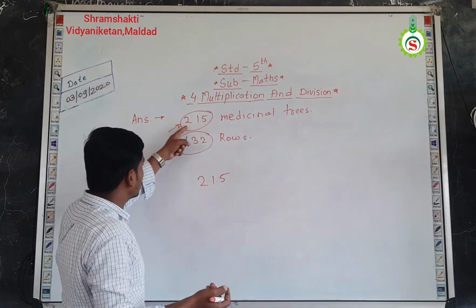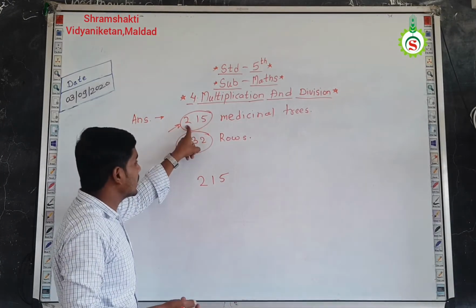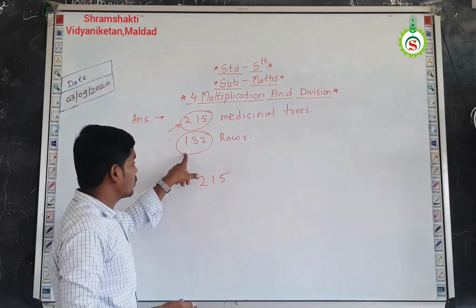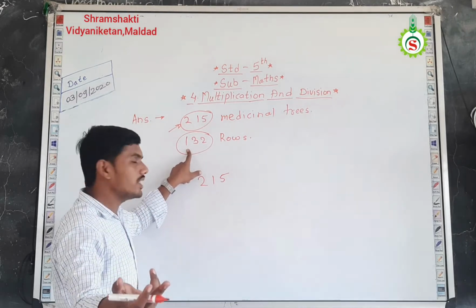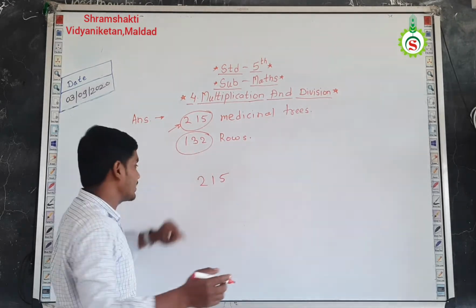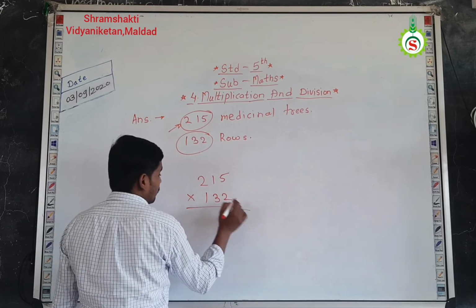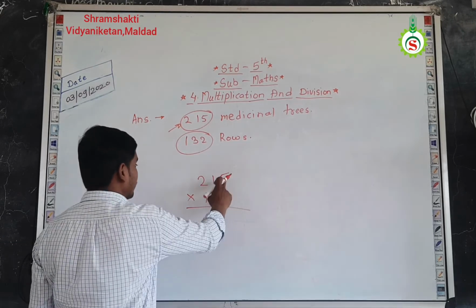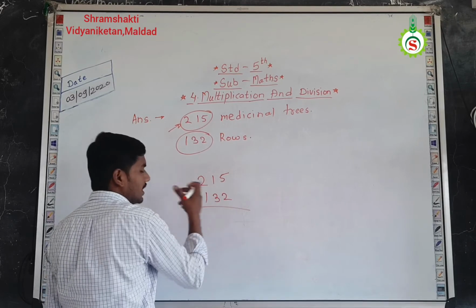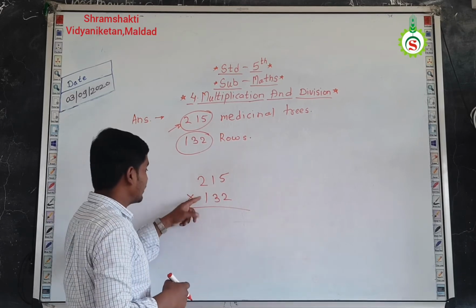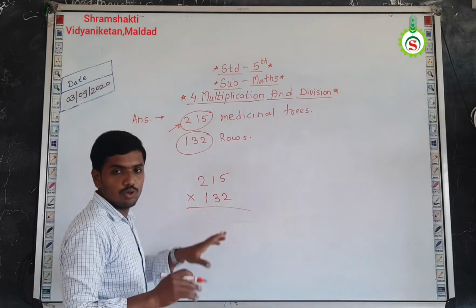In each row, 250 trees, and total number of rows are more than 1, 132. So I have to take multiplication. For the multiplication I will take the larger number by the smaller number. You can also take multiplication of smaller number by larger number, no problem.